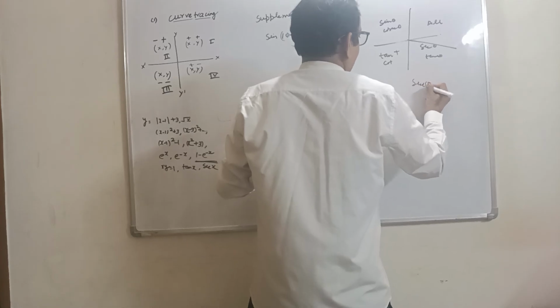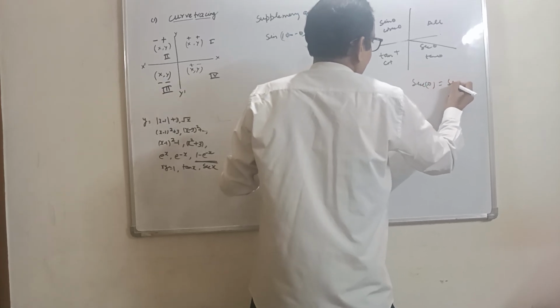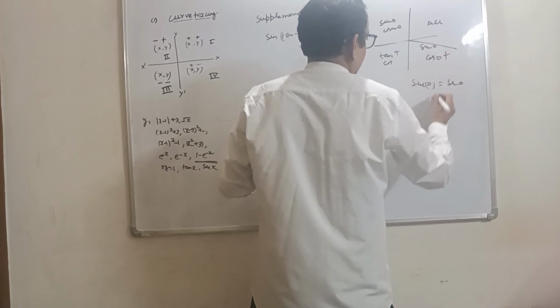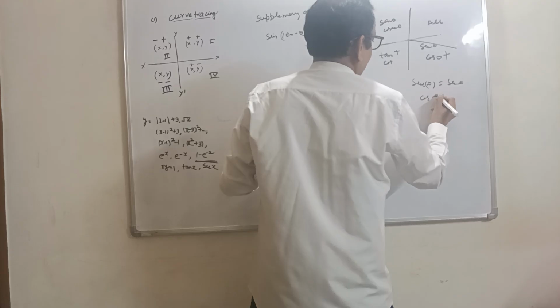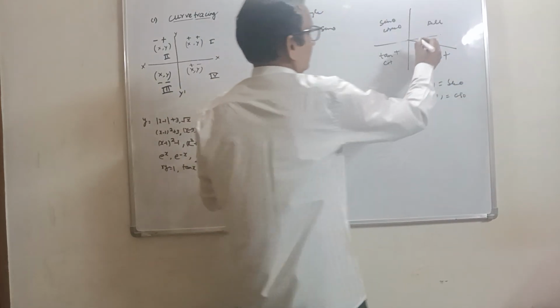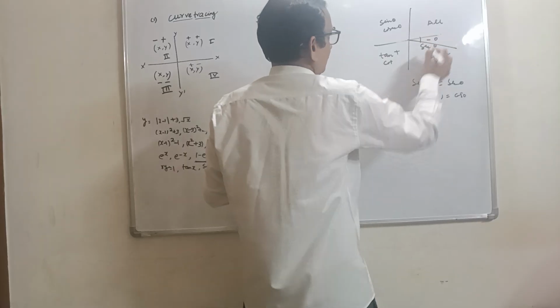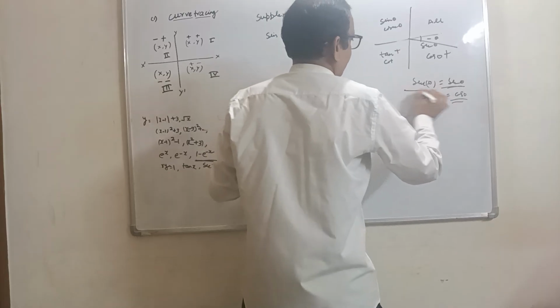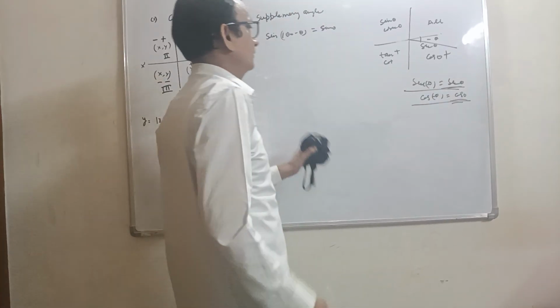Sec minus theta is an even function so it will be sec theta, or sorry cos, this is positive, cos minus theta would be cos theta. Because in the fourth quadrant, when we draw the minus theta angle here, this would be positive. Sec minus theta is sec theta, cos minus theta is cos theta.